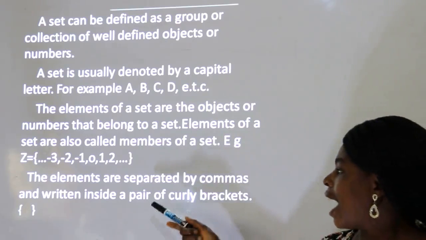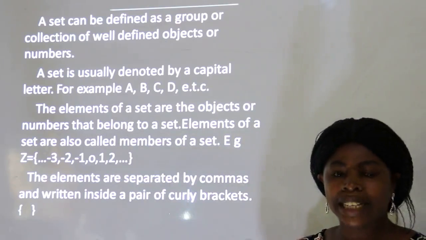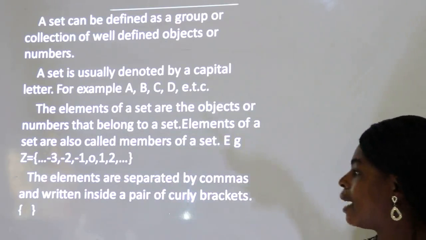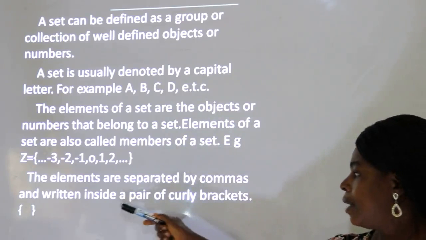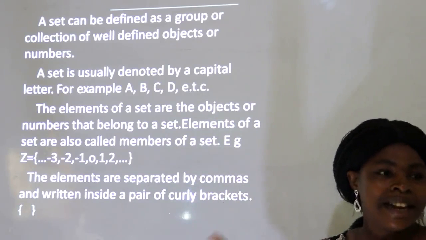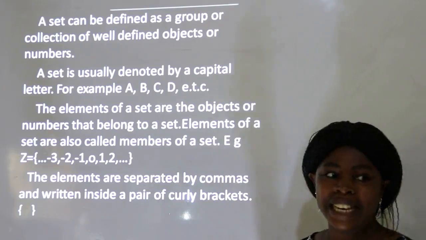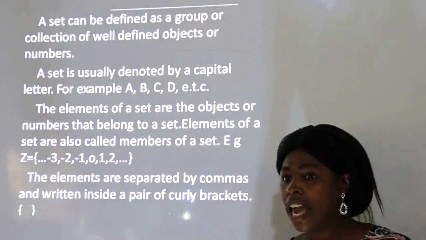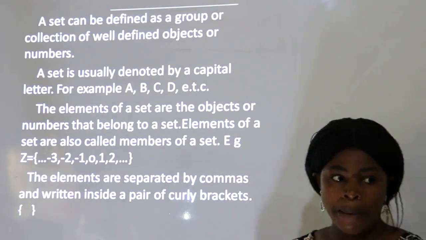The elements are separated by commas. Based on the example on the board, you discover that the elements of the set are separated by commas and are written in a pair of curly brackets. Not just any bracket; it must be a curly bracket.